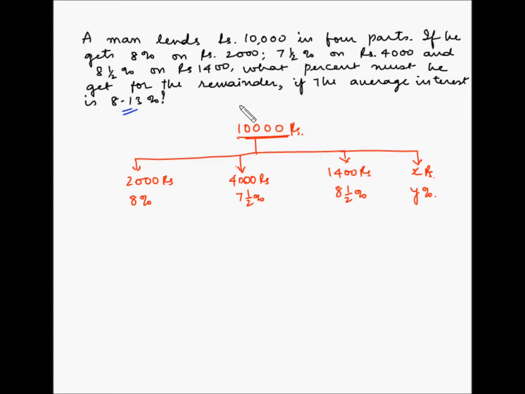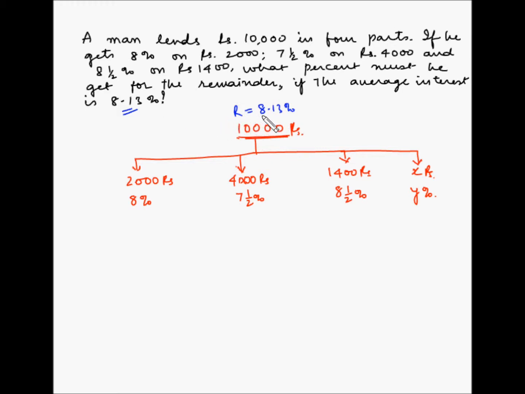So in other terms, overall, the rate of interest on 10,000 rupees is 8.13%. Now here we have to be very careful that we are taking a time frame of 1 year for all these calculations. So let's find out what does this overall interest amount to.